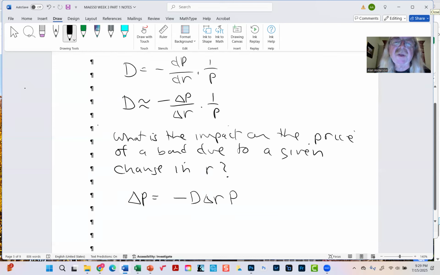Okay, so all I do is multiply both sides by negative d delta r p. The negative is important here because it reminds us that delta p and d are going in opposite directions. Or I'm sorry, not d, but d delta r. So they have to go in opposite directions. That's why the negative needs to be in here. And then, so this is the dollar change.